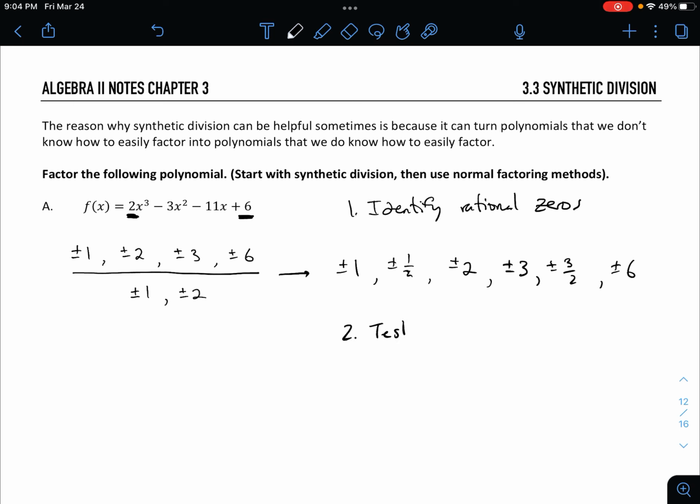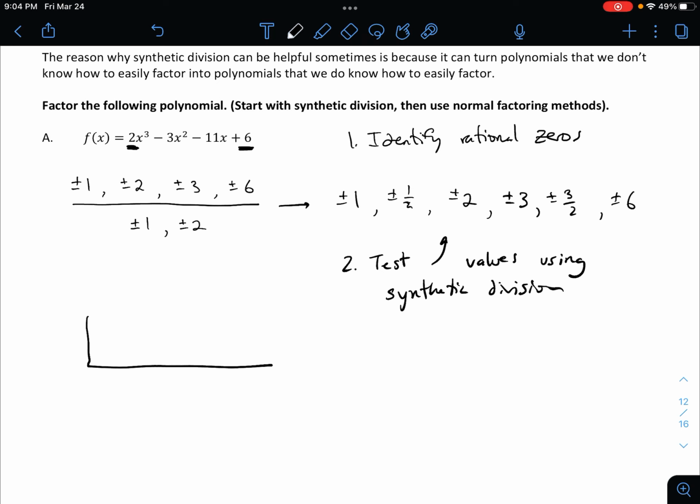Step 2 is we're going to test these values, all right, using synthetic division. And the way that we do this is, again, we're going to make that vertical and horizontal line. And then up top here, I put the coefficients of my polynomial.